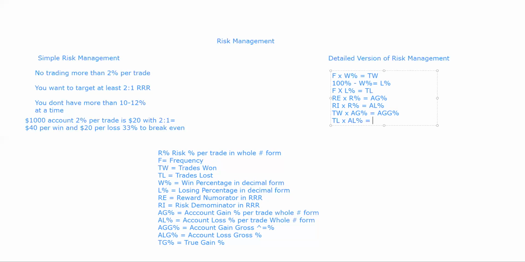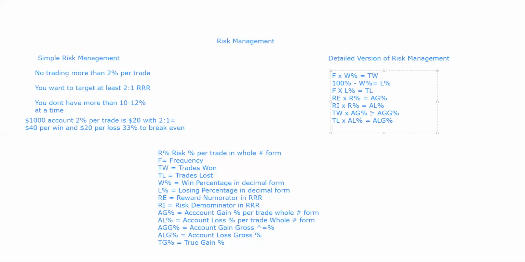It's going to be your account loss gross. So simply, you do all of that to get your total account gain and your total account loss.